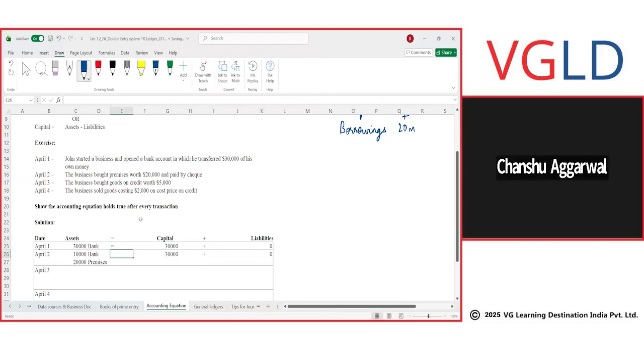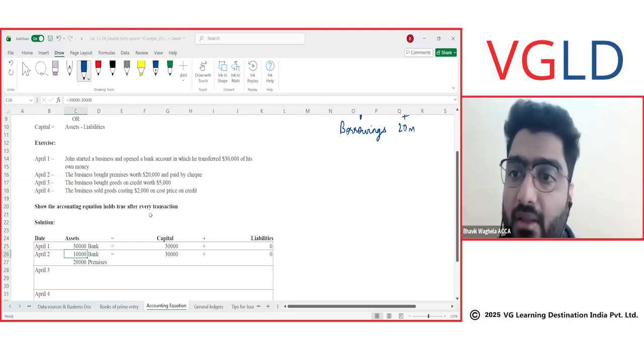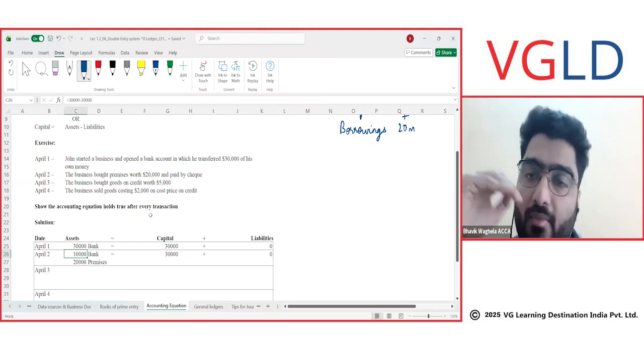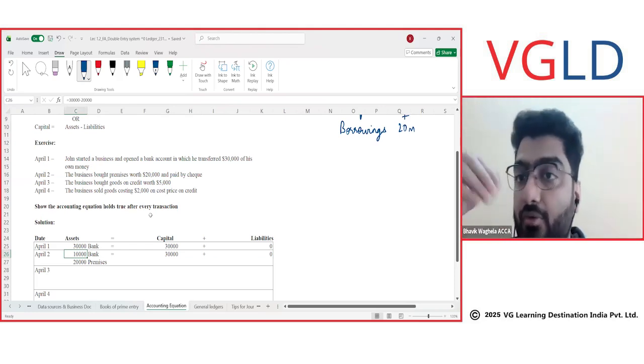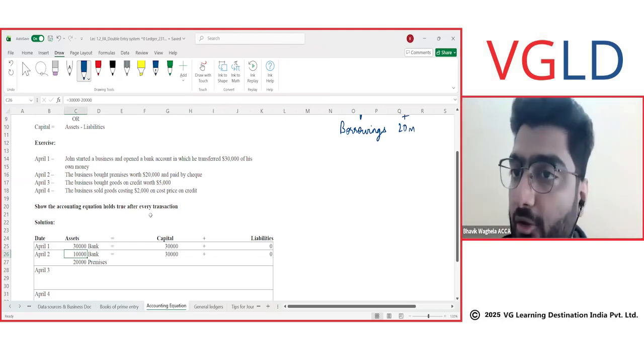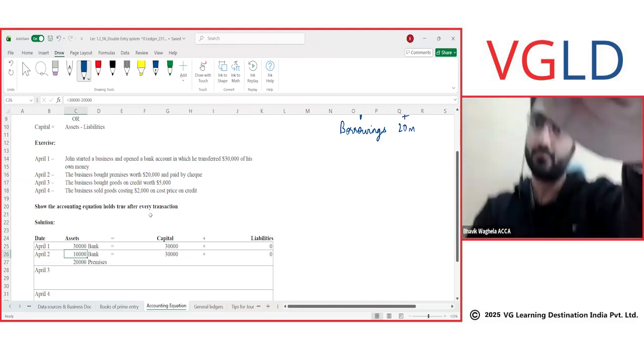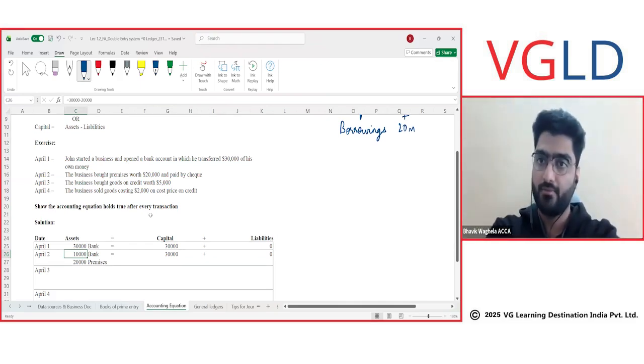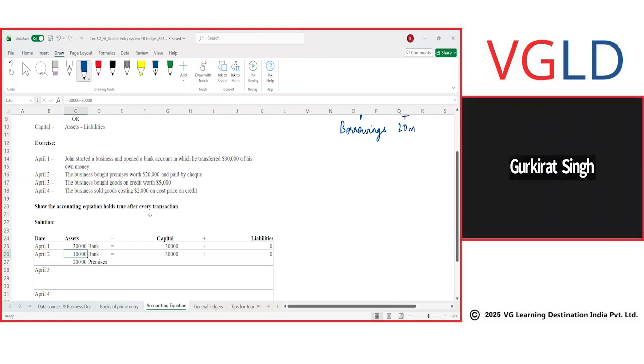Sir, please repeat this one. What are premises? Premises is the building that we have purchased. Now, if you purchase a building, your bank balance will reduce by that much of amount. But now you have another asset worth 20,000 in your balance sheet. Correct? Got it? Yes, sir.